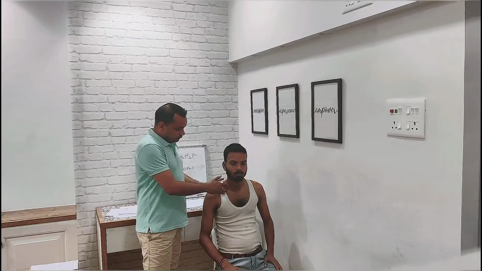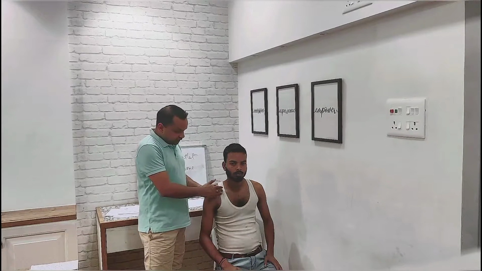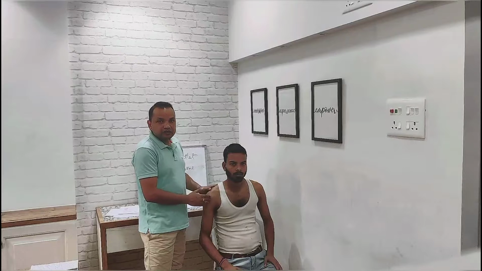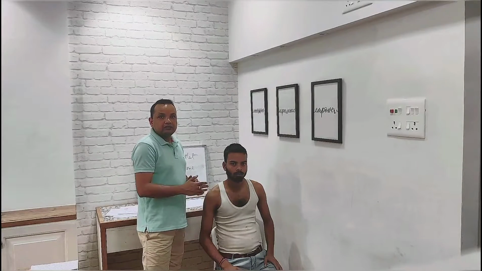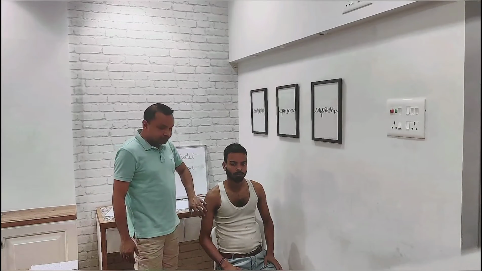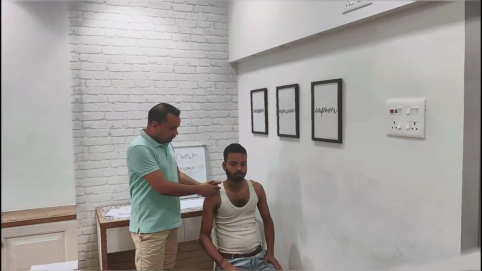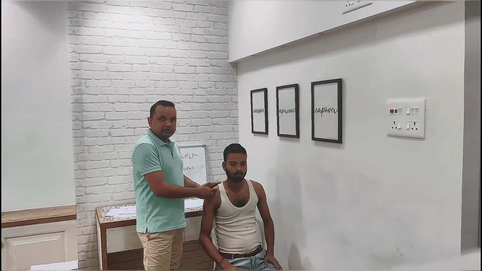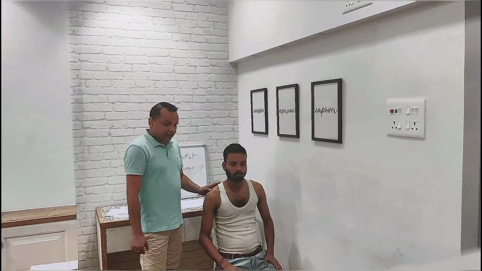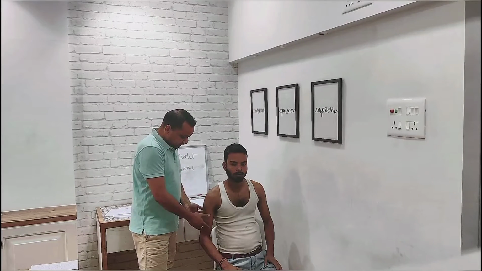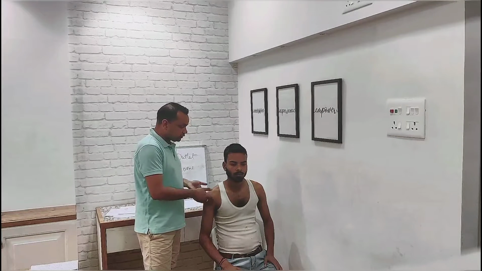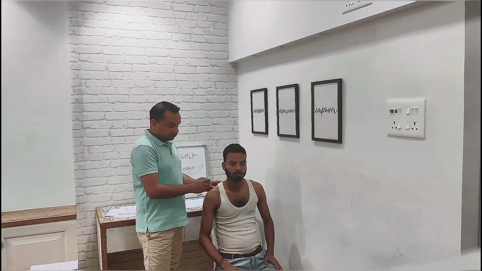This plexus feeds the neurological communication with the upper limb, continuing to the whole upper extremity. The subclavian artery gives the arterial blood supply, and the deoxygenated blood goes back through the subclavian vein.